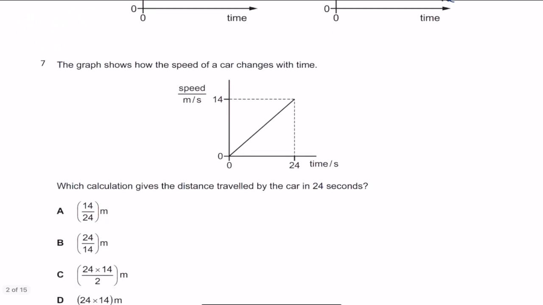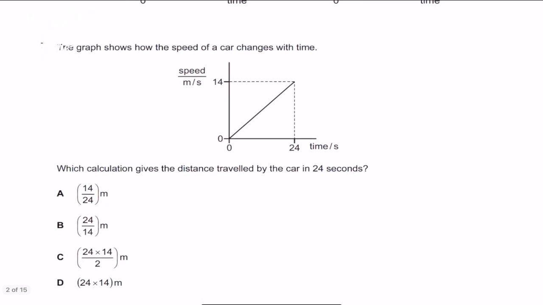In question 7, the graph shows how the speed of a car changed with time. Which calculation gives the distance traveled by the car in 24 seconds? That was easy. The distance is supposed to be the area under the graph, so I'm going to calculate this area.